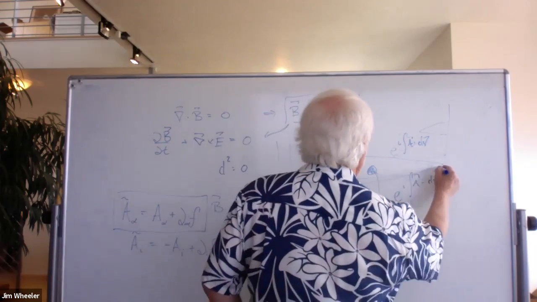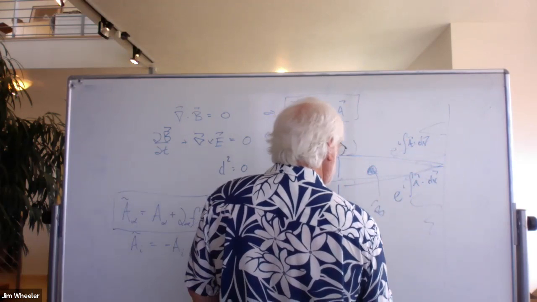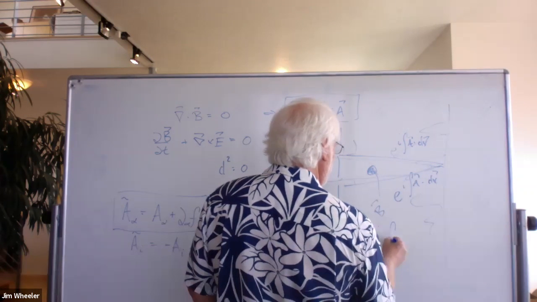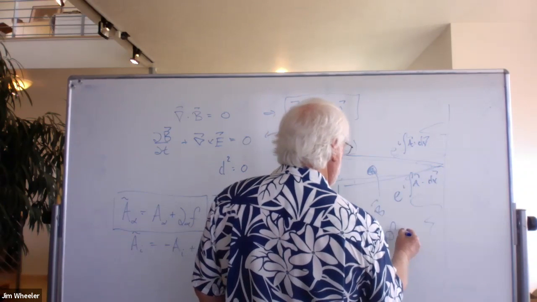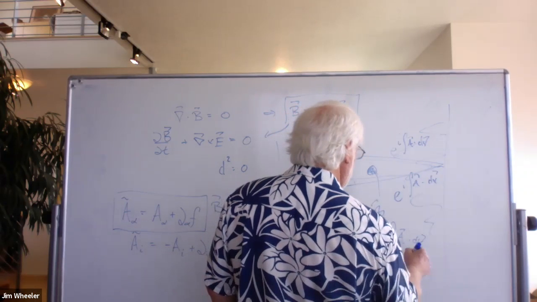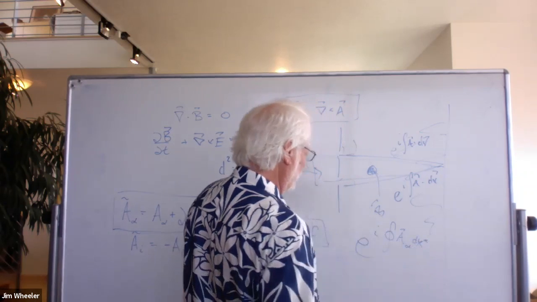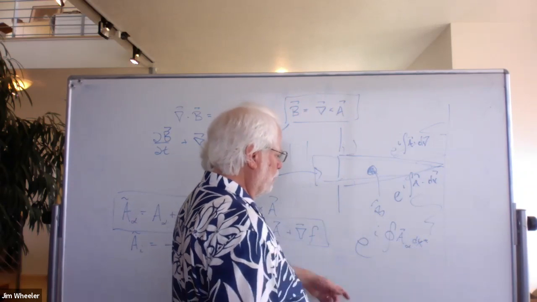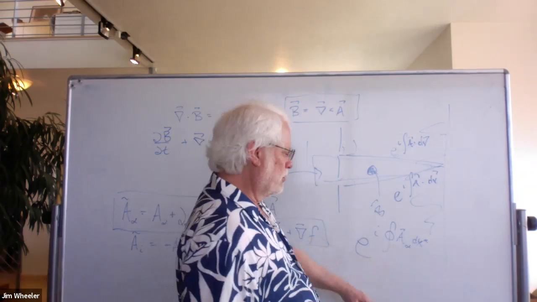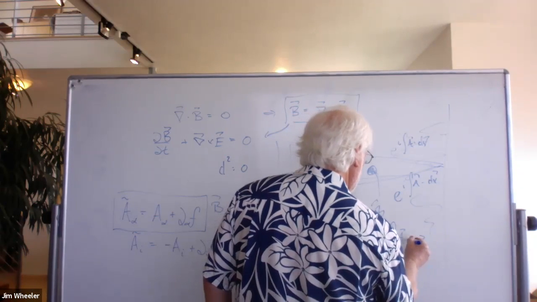But in fact, what you've done is to create a closed loop. So the net effect on the phase is a closed loop integral of A dot dx, or more completely, A_alpha dx^alpha if time were to come into it. But use Stokes' theorem here. Now let's keep it three-dimensional.